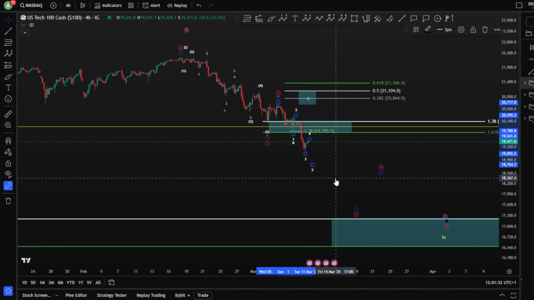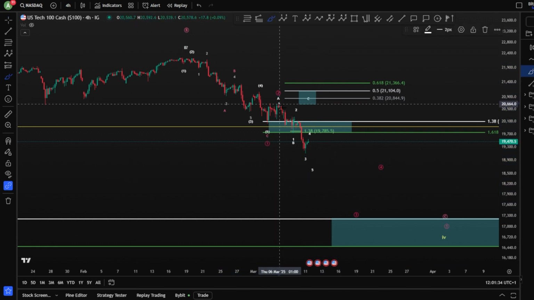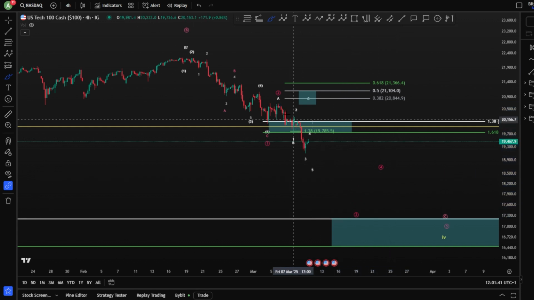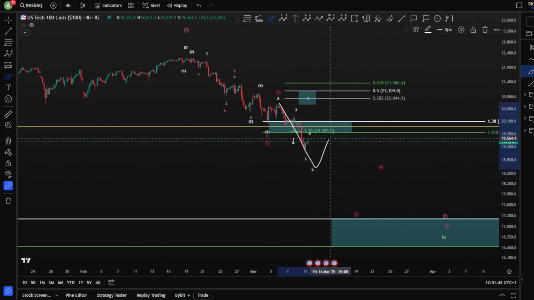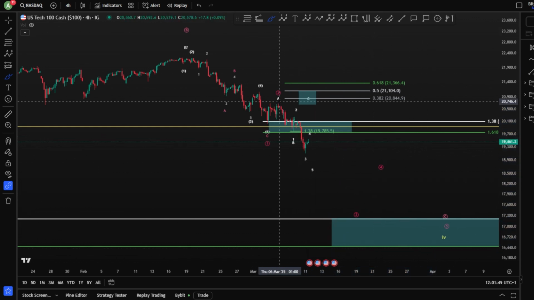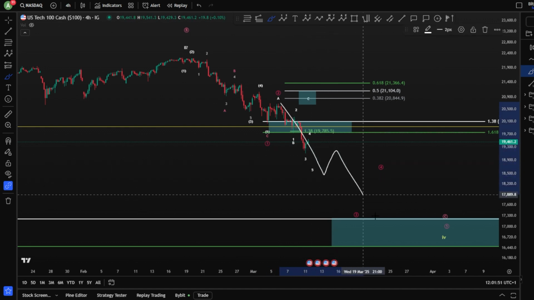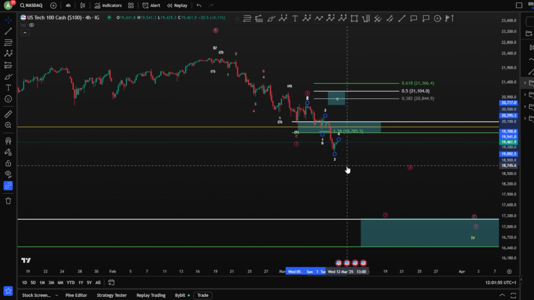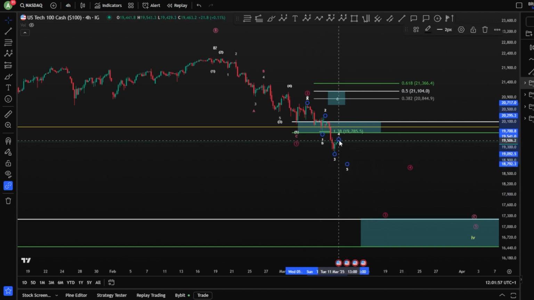In case it finishes here as wave 3, then 4 and a 5 potentially like this, to hit this blue box anyway. But hopefully it doesn't take a 1, 2 here, 3, 4, and a 5. That will be very deep, of course. Potentially it can be wave 3 here, 4 and a 5. We're gonna see, of course, we're gonna get some signals when we come to this area, right? But basically, we're still looking for this scenario, wave 4.